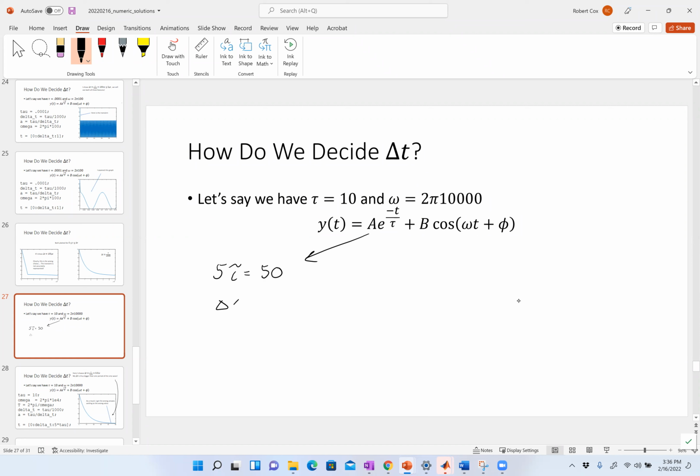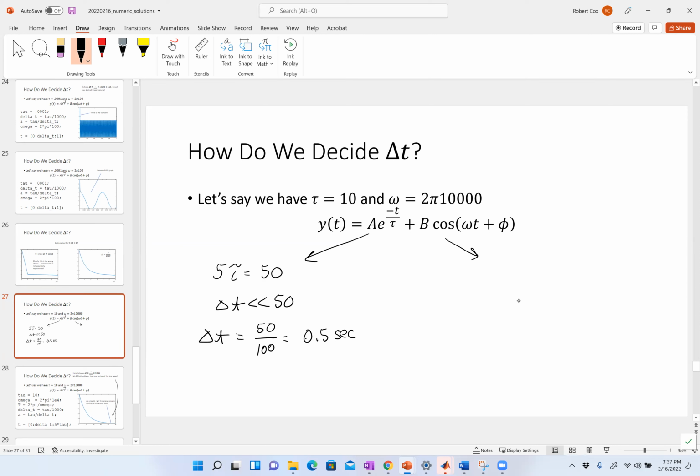So my delta t should be much, much less than 50 seconds. If I choose that very caveman way of doing it, it's going to be 50 divided by 100, which is what? 0.5 seconds.